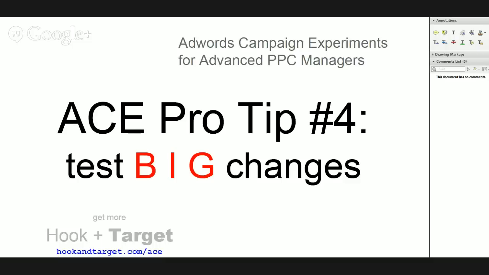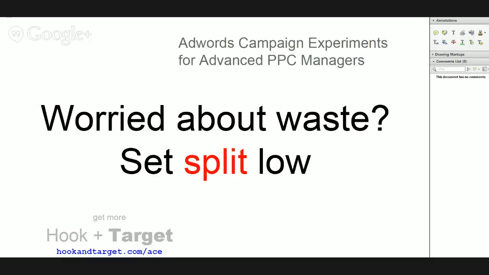I'm like, hey, I'm getting a fabulous price on this. I'm able to see that without having to change my whole campaign and tank everything that I've set up, through using ACE. So I suggest testing big changes.